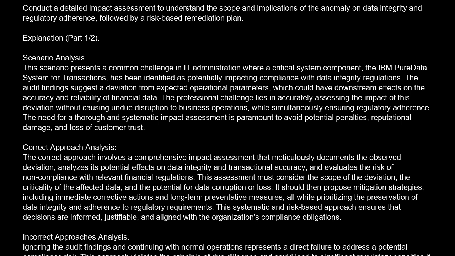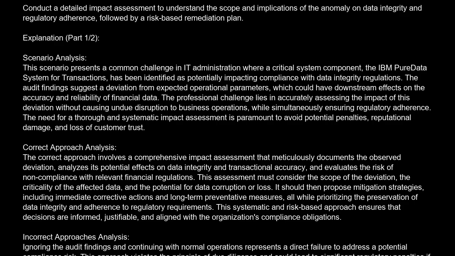Explanation. Scenario analysis. This scenario presents a common challenge in IT administration of a critical system component. The IBM PureData System for Transactions has been identified as potentially impacting compliance with data integrity regulations. The audit findings suggest a deviation from expected operational parameters, which could have downstream effects on the accuracy and reliability of financial data.